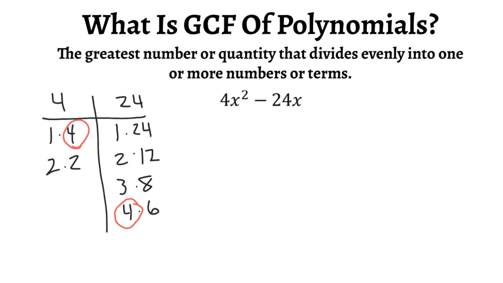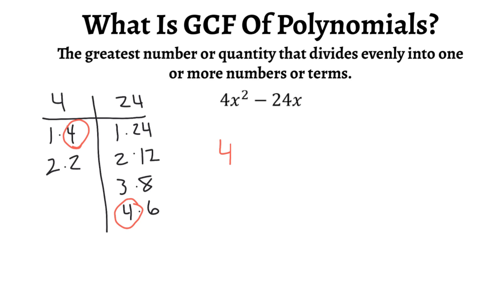So the greatest common factor to start with is the number 4. They both have a 4 in common. Now, as I shift over to the variables, this one has an x squared and an x.